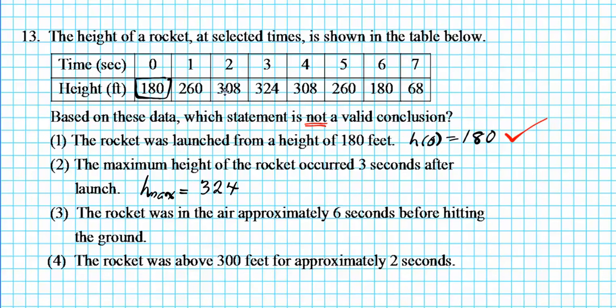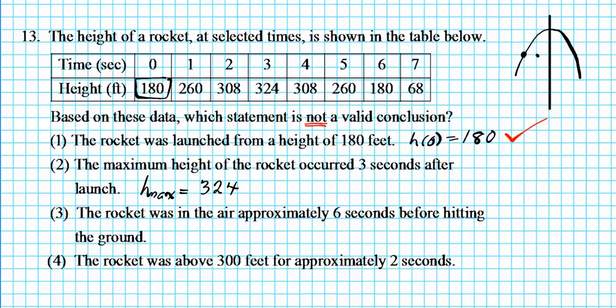Now take a look at what happens before and after 3 seconds. 308 and 308. So that automatically helps us to see that 3 falls on the axis of symmetry, which makes the value of y the vertex, the coordinate of the vertex, okay? So remember that the vertex always contains the axis of symmetry and the max or min of your parabolic function, okay? In this case, it's going up, goes to the max and comes down.